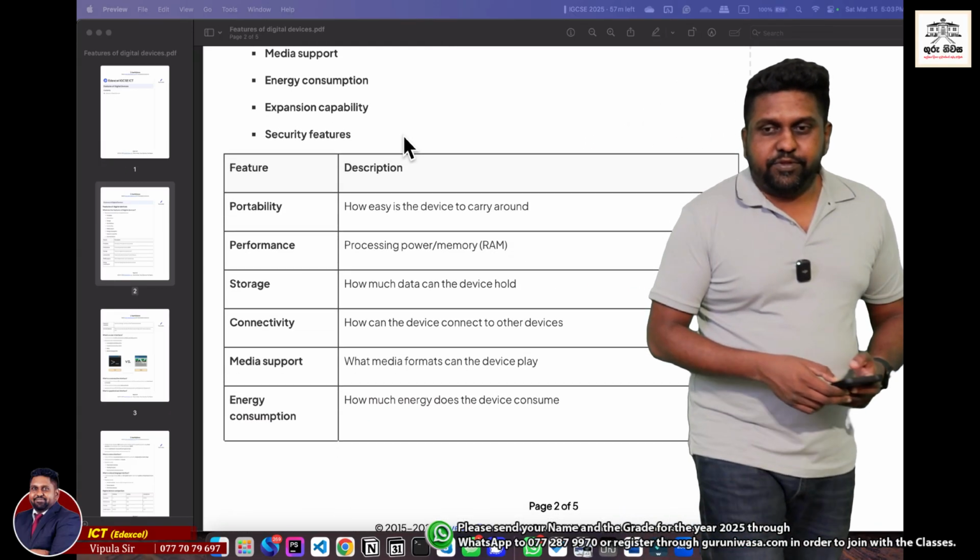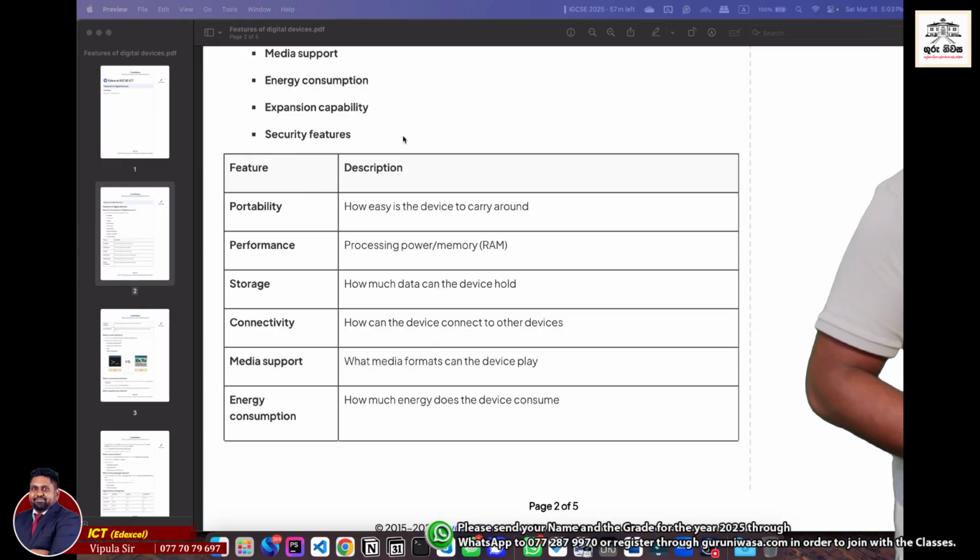These are the primary set of items. When it comes to the feature and the description, portability is basically the ease of carrying it someplace or using the hardware, and performance means the processing power of that particular device.